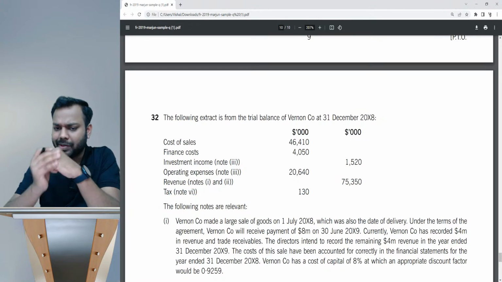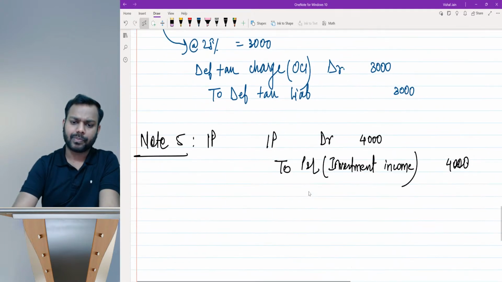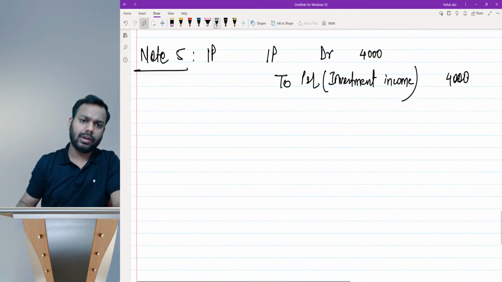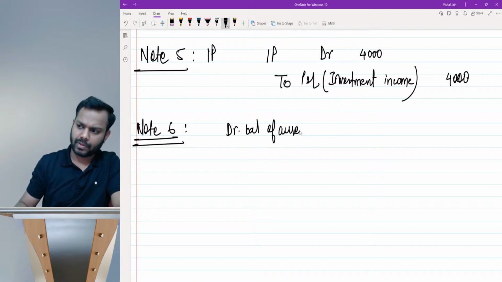Now what does it represent? Debit balance of current tax represents under provision or over provision? Under provision, right?